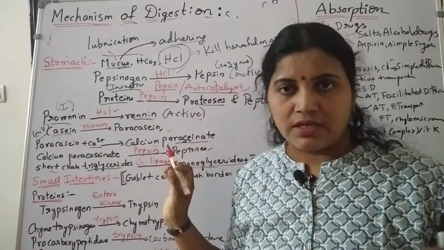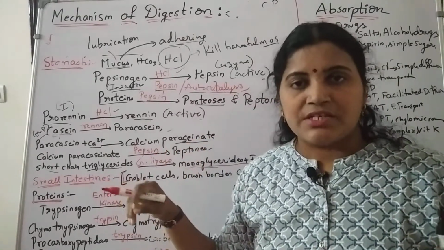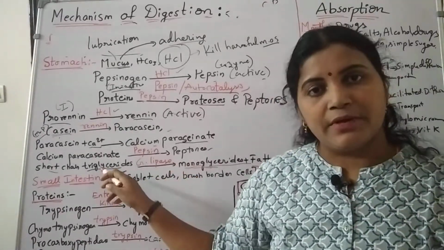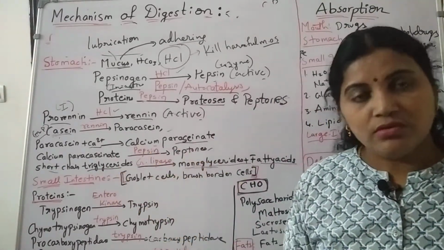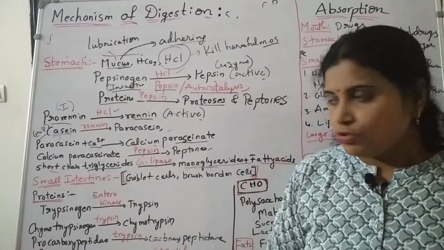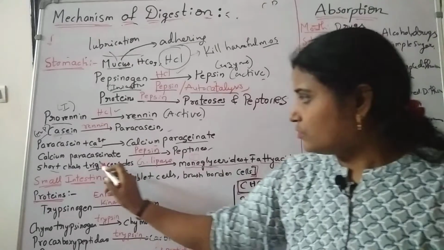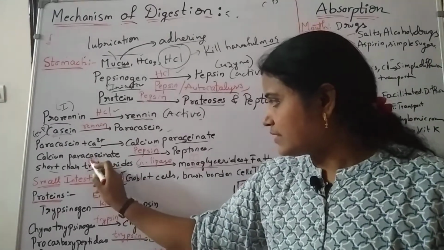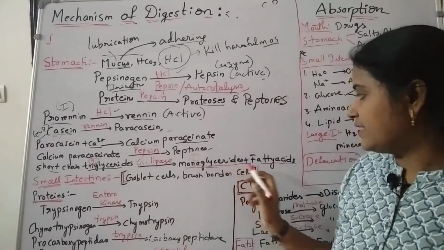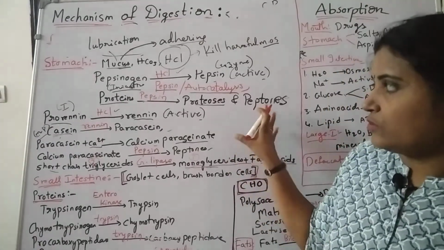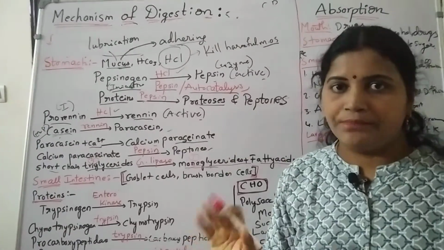The stomach also contains the lipase enzyme, that's why it is gastric lipase, and it is responsible for the breakdown of triglycerides. Tri means 3, so three glycerides, into mono, single, monoglycerides and fatty acids. That is about the stomach digestion, simple.